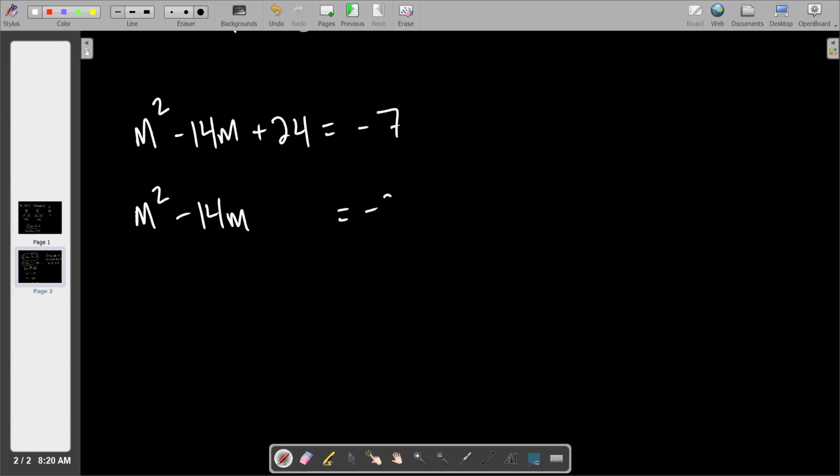Negative 31. Good. And now when we complete the square, we will put plus 49 because that's half of negative 14, which is negative 7, which squared is 49. And you make sure you just do it to the other side, right? That's the key.